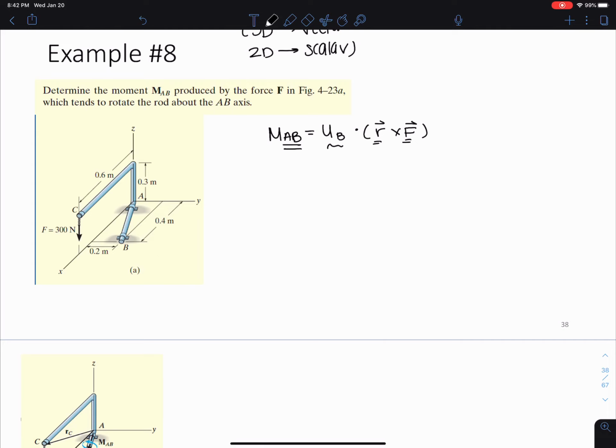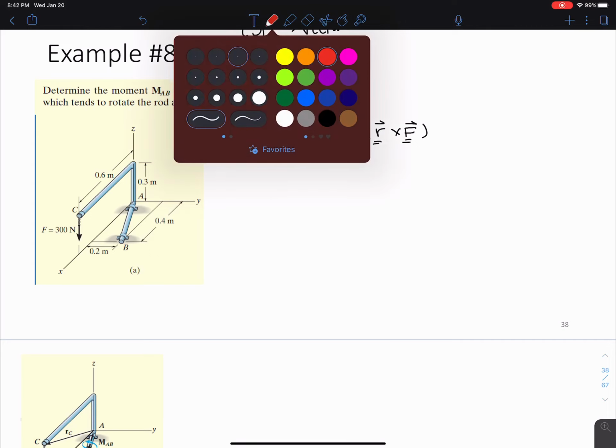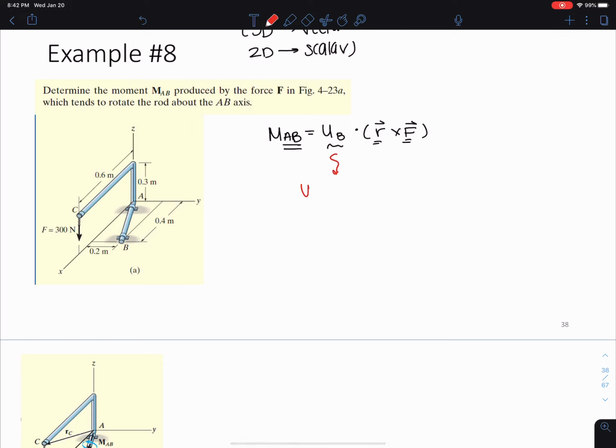Okay, so remember UB from our previous definition, the unit vector to B, this defines the direction of the AB axis. That's the definition of this mathematical product here.